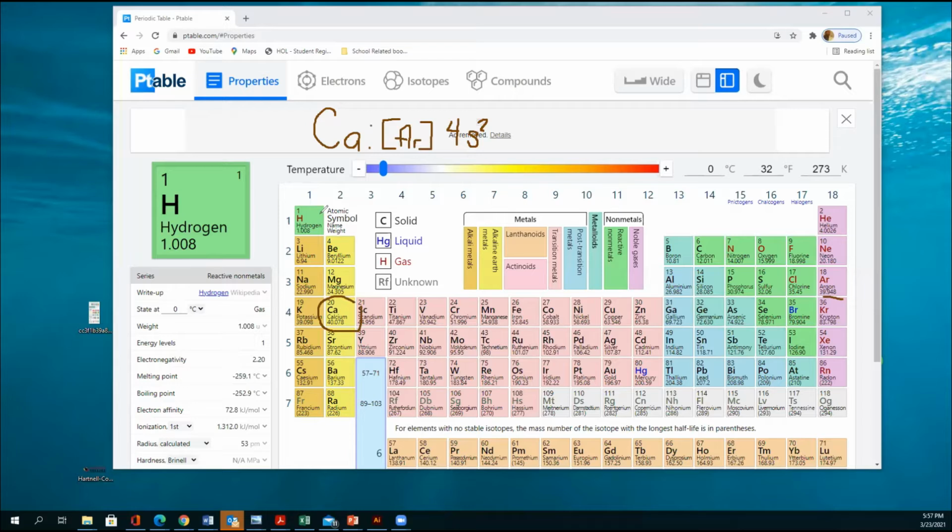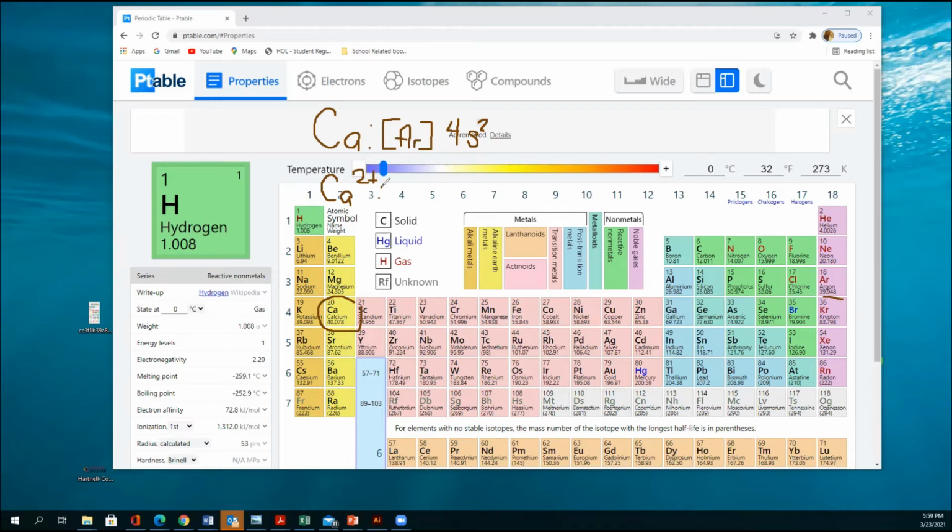Now the calcium ion. Calcium wants to be like a noble gas, so it wants to be like argon. How can it be like argon? It's going to have to drop 2 electrons.